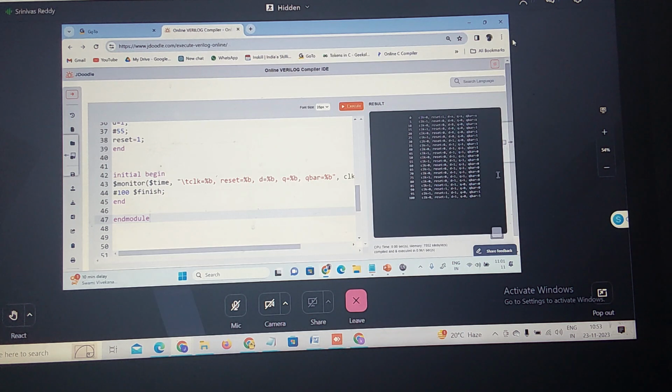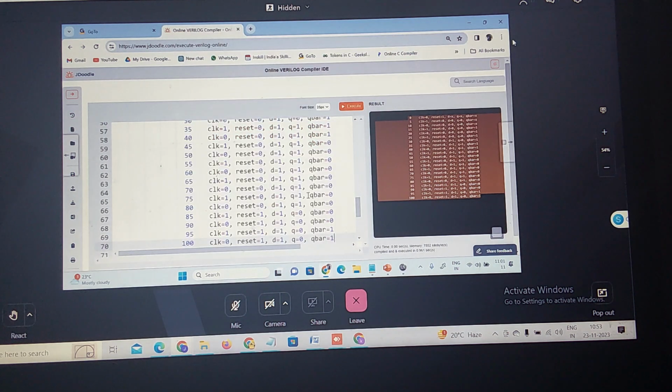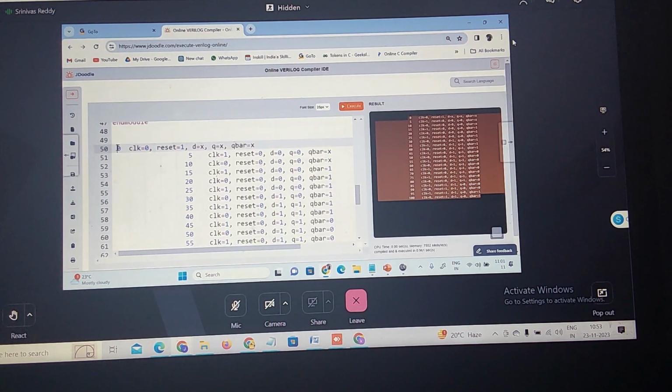So this is the output. Now my syntax is clear, correct? Let us analyze this output. So at time t equal to 0, what am I doing? Clock is equal to 0. Reset is equal to 1.